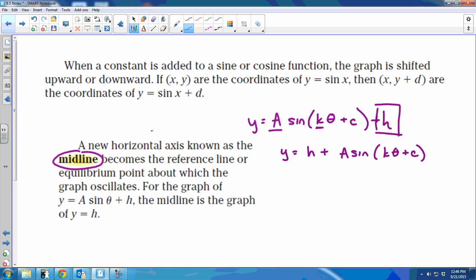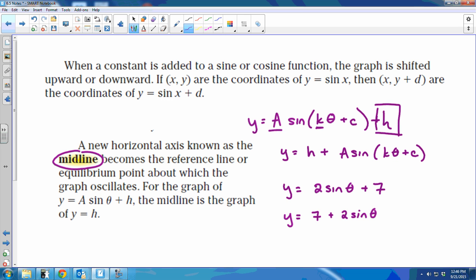Does that make sense? It doesn't matter if it's in the front or at the end. So I could write y equals 2 sine theta plus 7, or y equals 7 plus 2 sine theta. That's the same thing. The vertical shift is still 7.